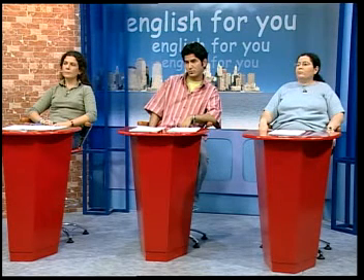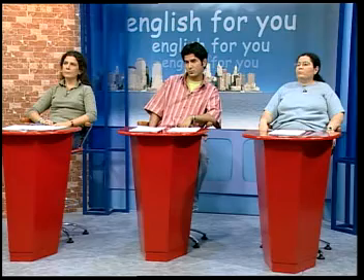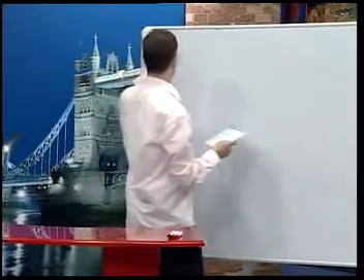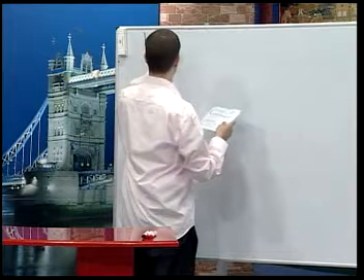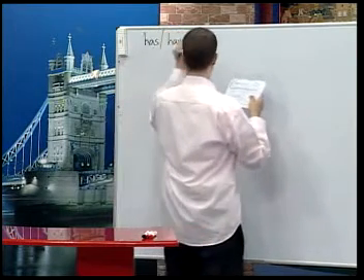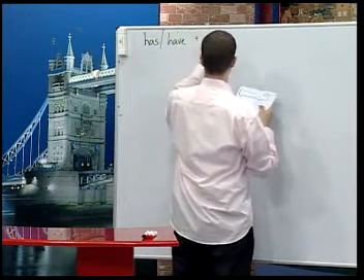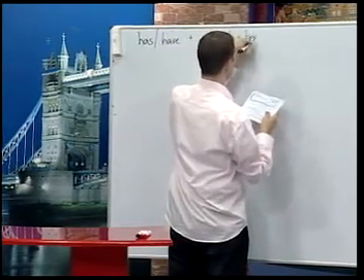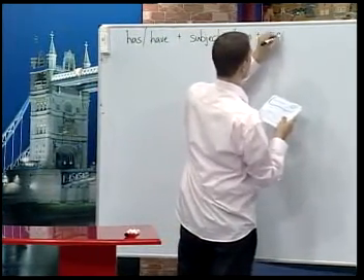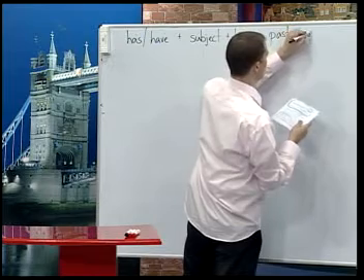So, a yes/no question using the passive voice of the present perfect, we use this formula. Has or have, plus subject, plus been, plus past participle.